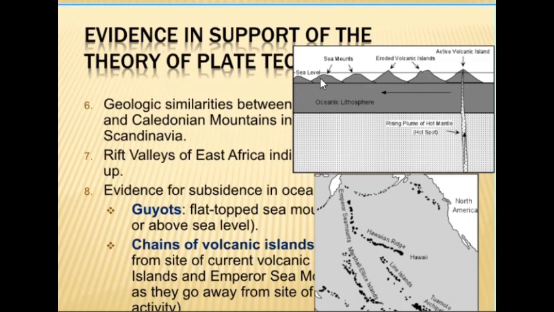Now, how do you get a volcanic chain of islands? Look at the screen. You start off. So imagine that this was a stationary lithosphere, and you have upwelling of magma here on the surface. What are you going to discover? You're going to discover a volcanic island or a volcano.